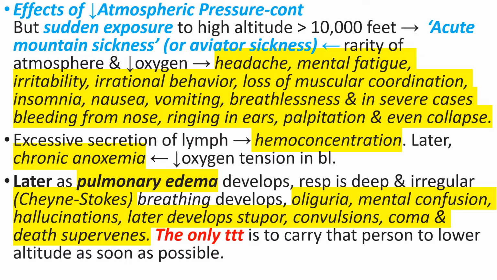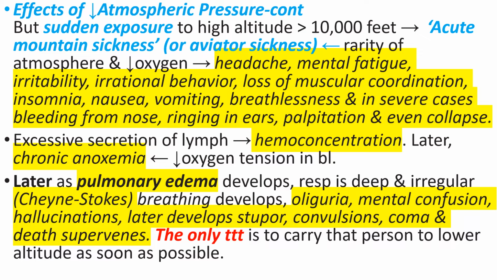Excessive secretion of lymph will lead to hemoconcentration. Later, chronic anoxemia due to decreased oxygen tension in blood. Later, as pulmonary edema develops, respiration is deep and irregular, the so-called Cheyne-Stokes breathing.